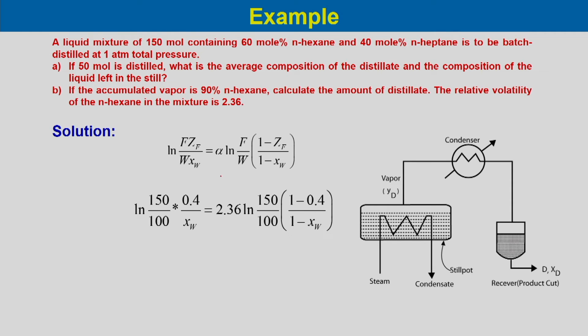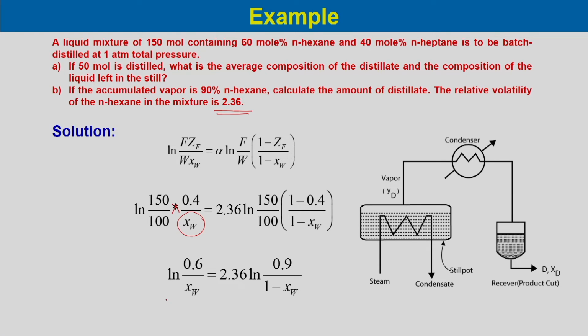Substituting F is 150 divided by W is 100, ZF is 0.4, XW we need to calculate, and alpha equal to 2.36, which is given: ln 150 by 100 into (1 minus 0.4) divided by (1 minus XW).